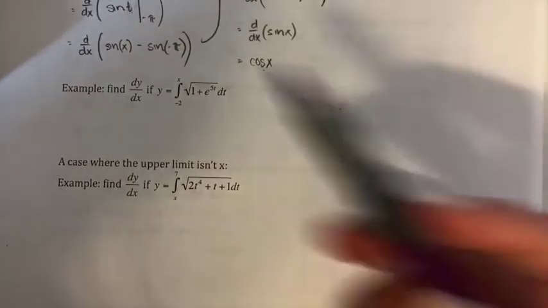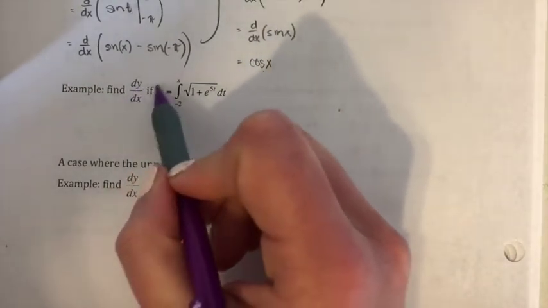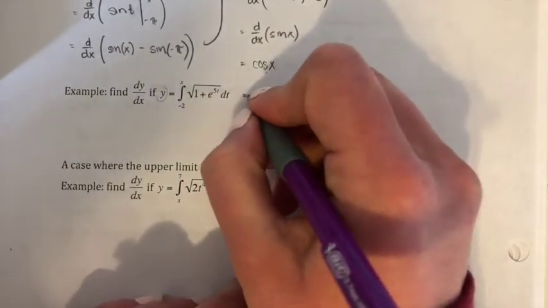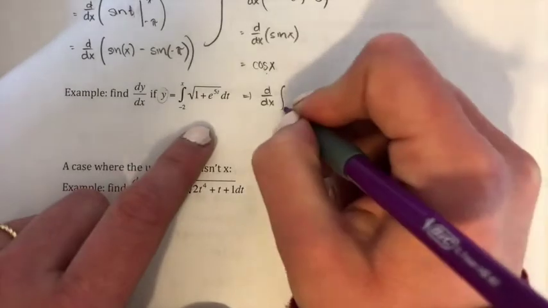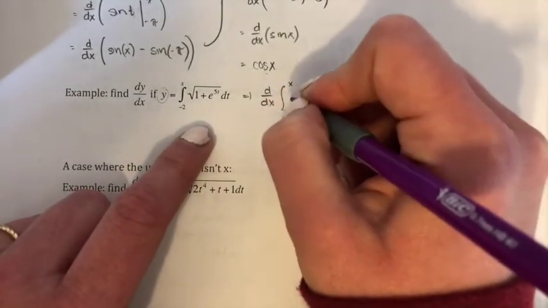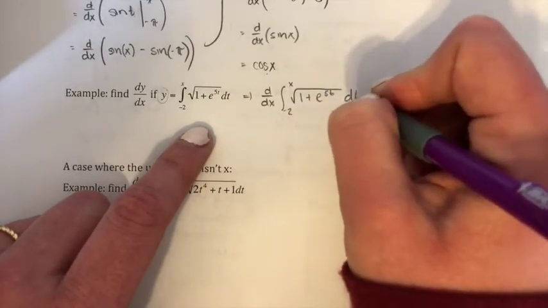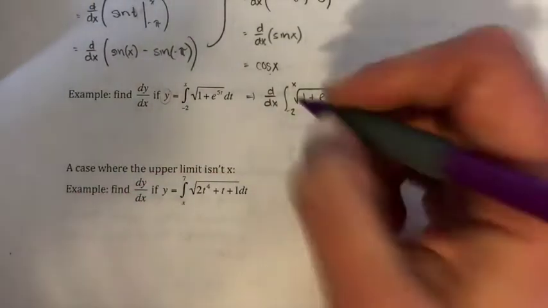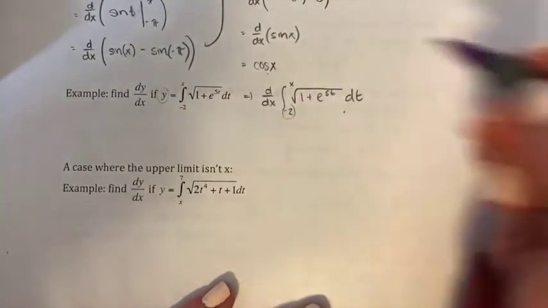So for this one, we want to find dy dx, so we want to find the derivative of this. That means we're doing the derivative with respect to x of this whole thing. So from -2 to x of the square root of 1 plus e to the 5t dt. Okay, so because this is just some numerical value a, we're going to x.